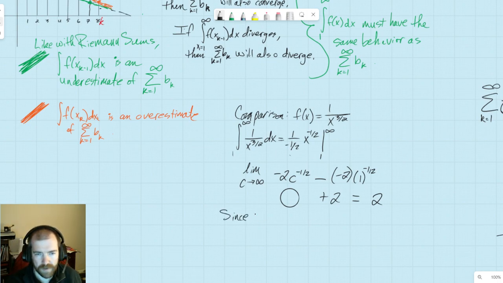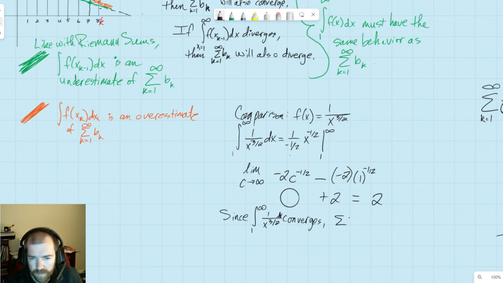So since the integral from 1 to infinity of 1 over x to the 3/2 dx converges, the sum of 1 over k to the 3/2 as k goes from 1 to infinity converges.